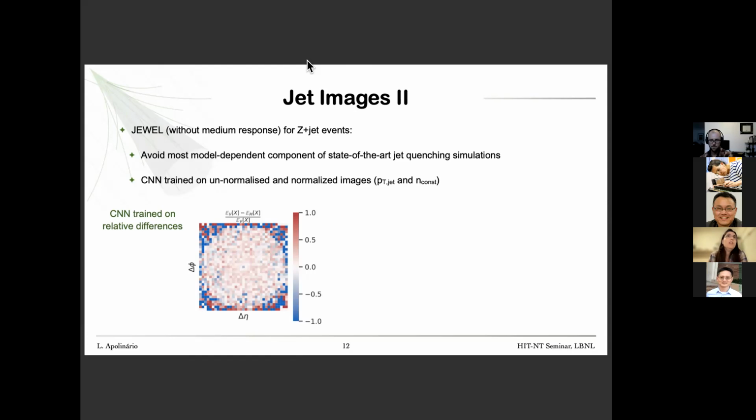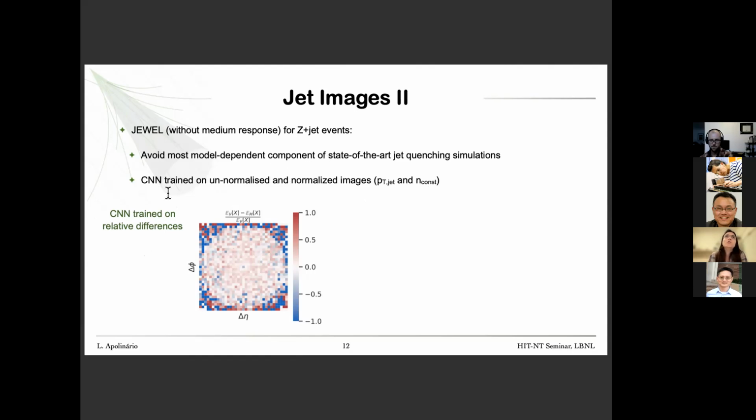And we feed exactly these jet images, reconstructed from Z plus jet events, to a CNN that was trained with 2 channels: the number of constituents, the multiplicity, and the pT of the jets. We trained in 2 ways.